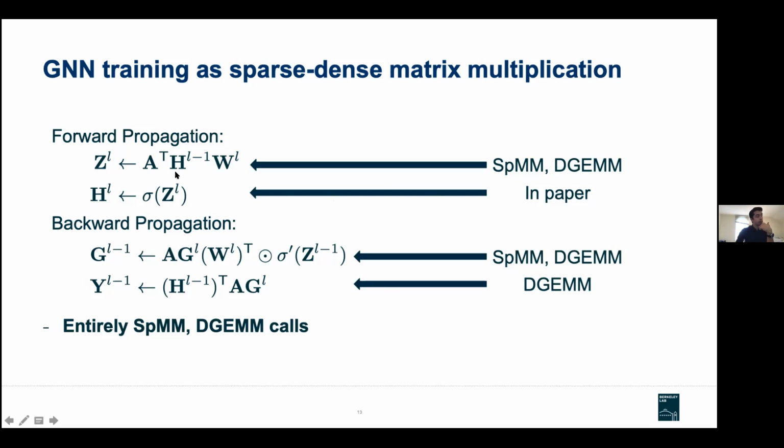If we take a deeper look at these four matrix multiplication steps, in a sense the only four that you need in graph neural network training, we see that we're only doing essentially two types of matrix multiplications, SPMMs and DGEMMs. And between these two operations, you might be wondering which one actually takes more time.